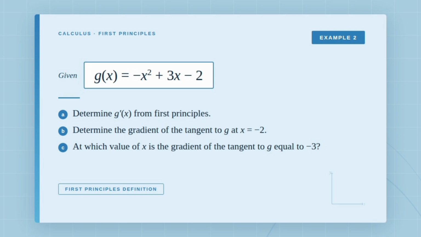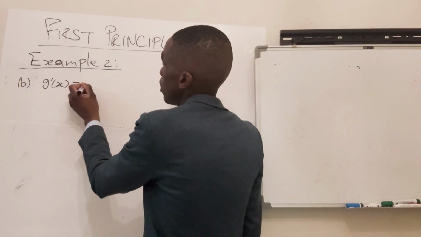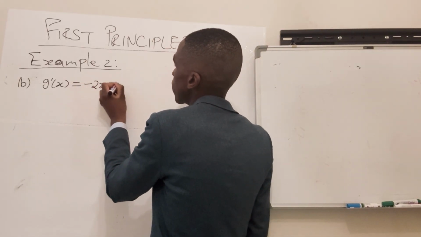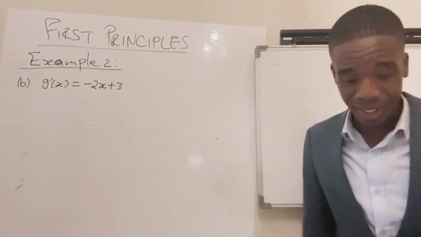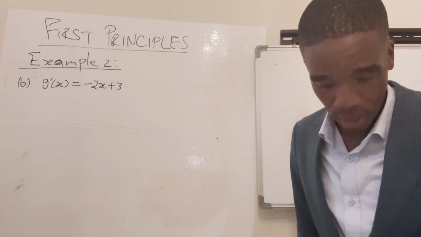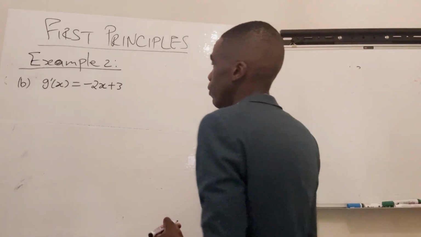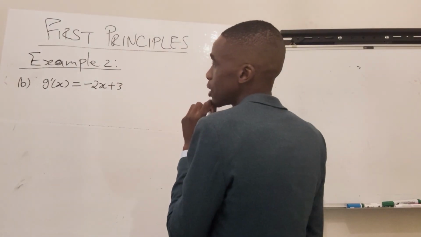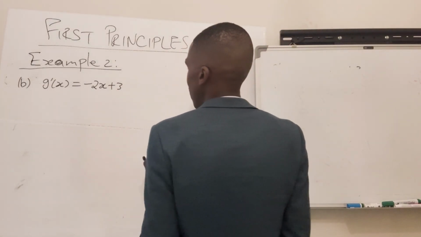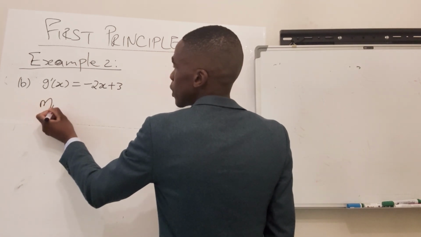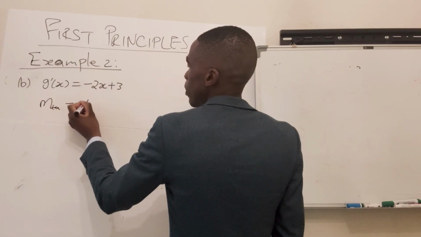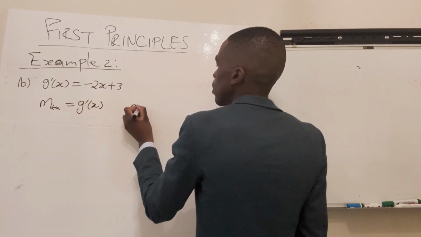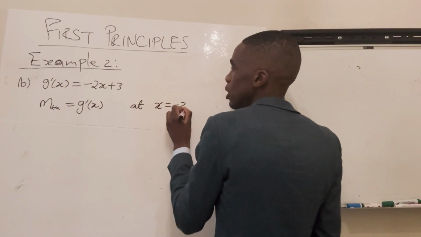You know that g prime of x is equal to minus 2x plus 3. We want the gradient of the tangent when x is minus 2. So the gradient of that tangent is actually g prime of x. We are looking for this when x is minus 2.